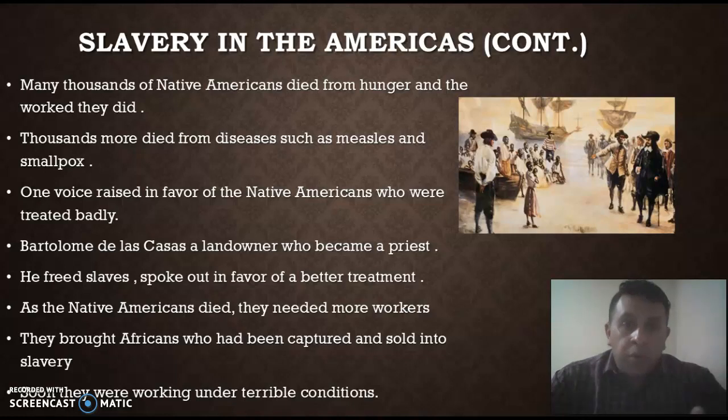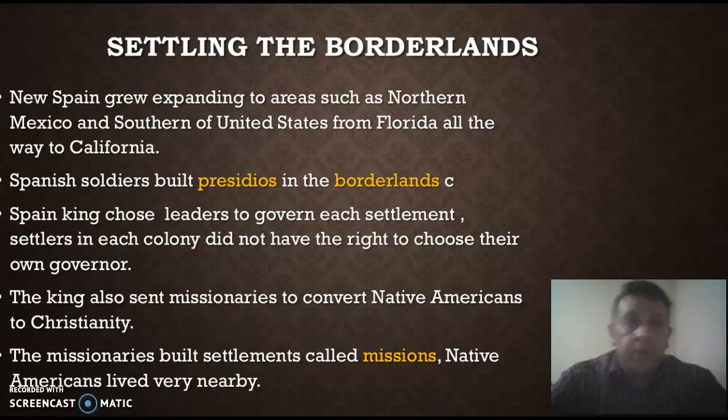They were brought mostly to the Caribbean area, which was considered an area for trading and selling, and also to one part of Brazil. People would go to these places, purchase them, and put them to work under terrible conditions on their plantations.